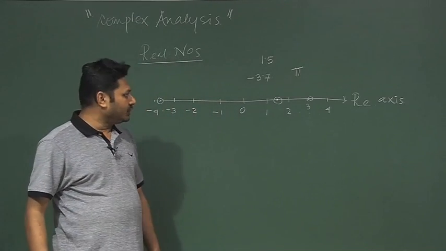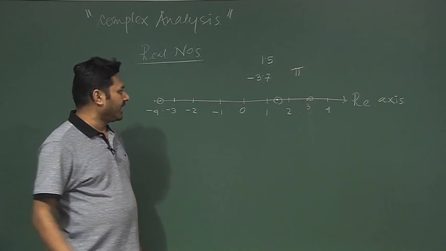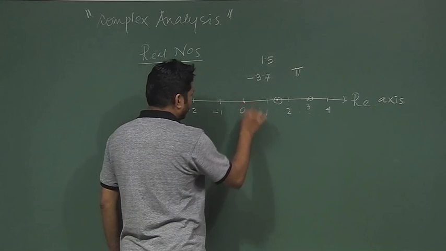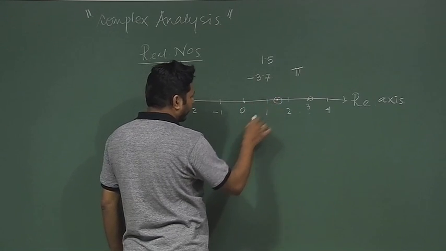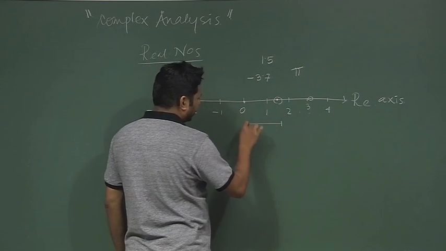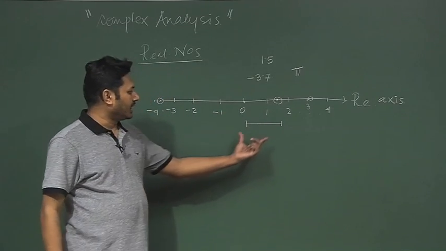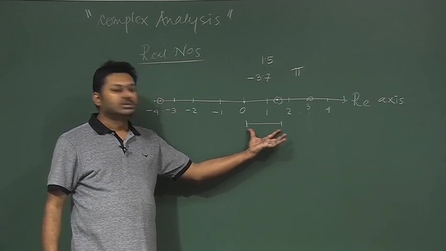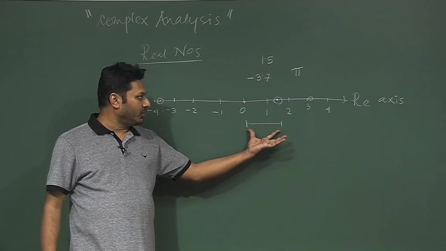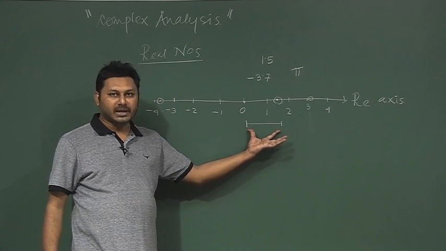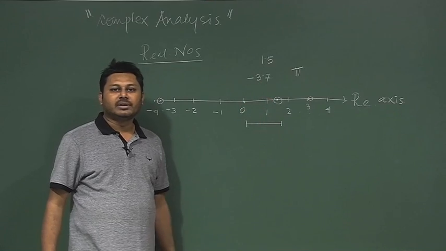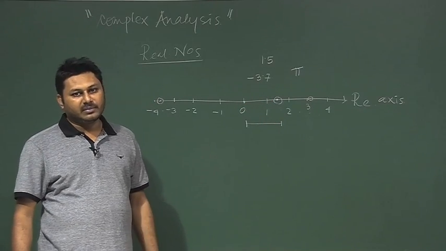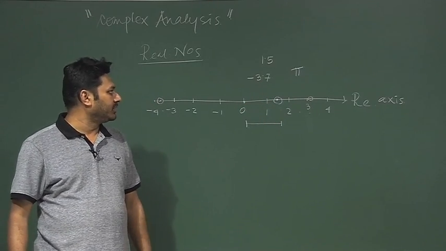And the magnitude of that number is defined by the distance from here to here. If I say it is 1.5, this length gives you the idea of the magnitude of that number. Since this is a real number, we do not need to mention anything about the magnitude; the number itself is sufficient to define it.